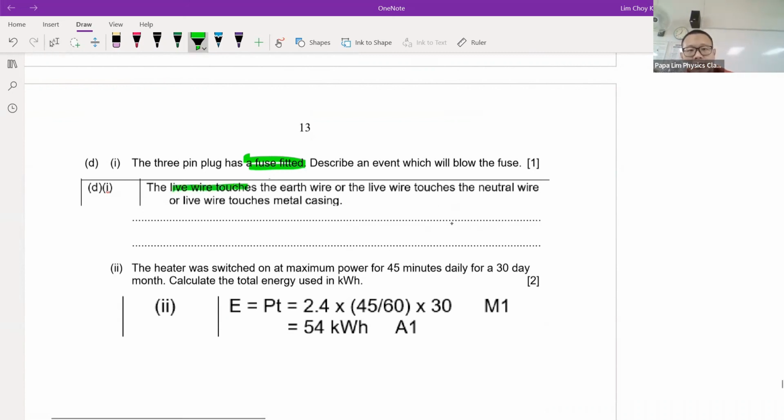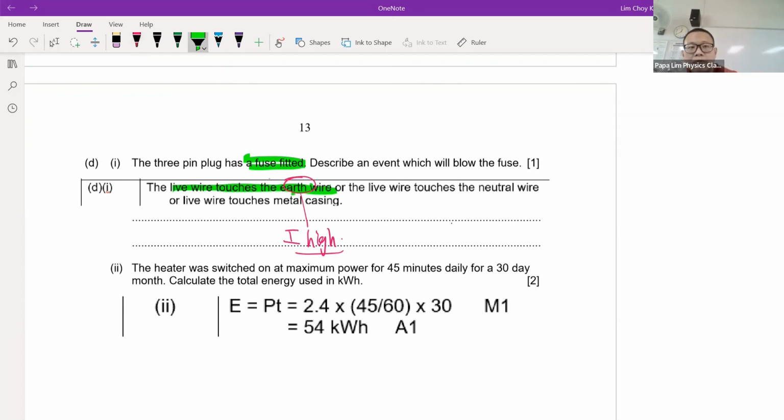The current flows from the live wire to the earth cable, and this is what we call an earth fault. When the current flowing through the earth wire is high enough, the fuse will blow. That's one of the possible reasons.